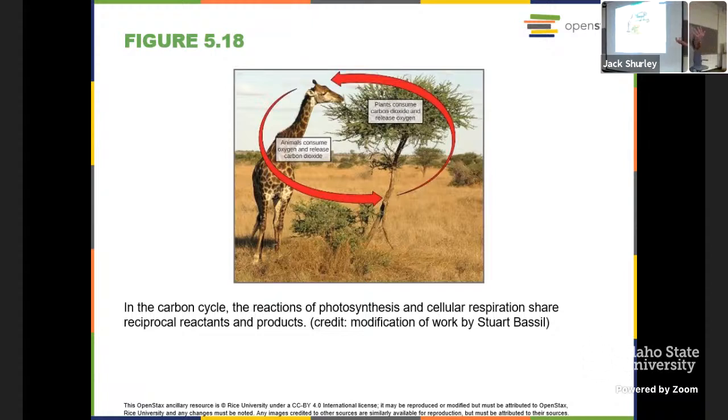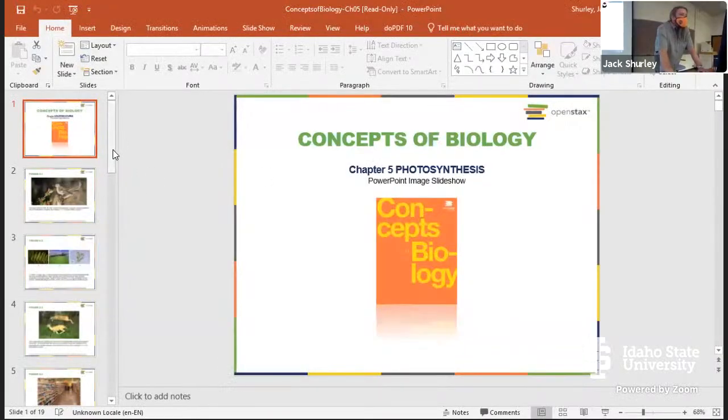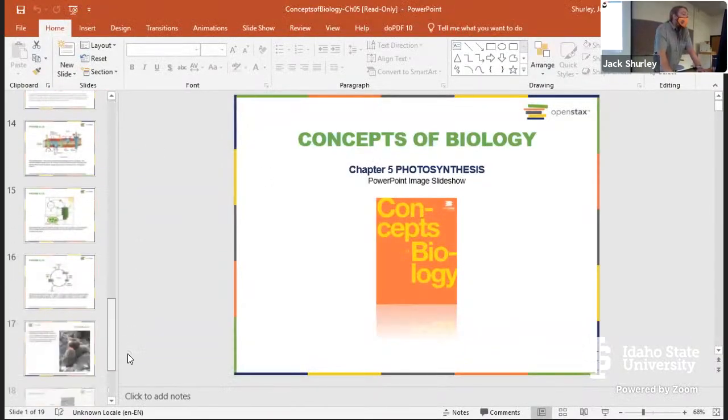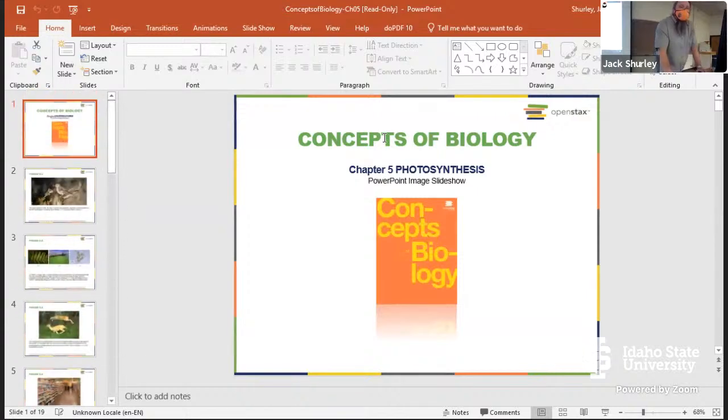I think deep down we would like to think that's a straight 50-50, we're both equally reliant, but I think really we're more reliant on the plants than they are on us, all right? I think they could do just fine without us, but we can't do just fine without them, right? That biochemical pathway, I thought that was on this chapter too. I lied. Okay, any comments or concerns?